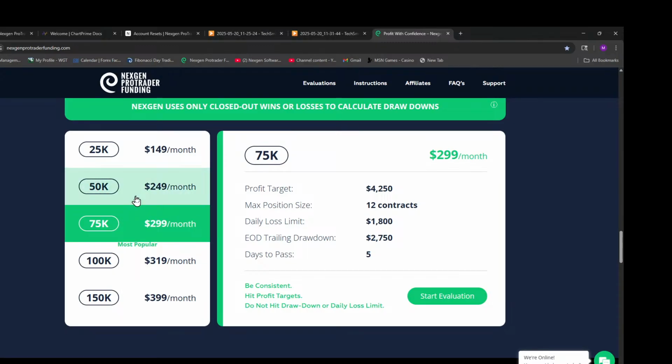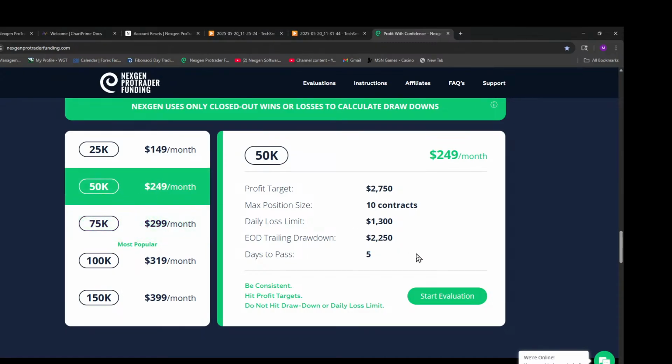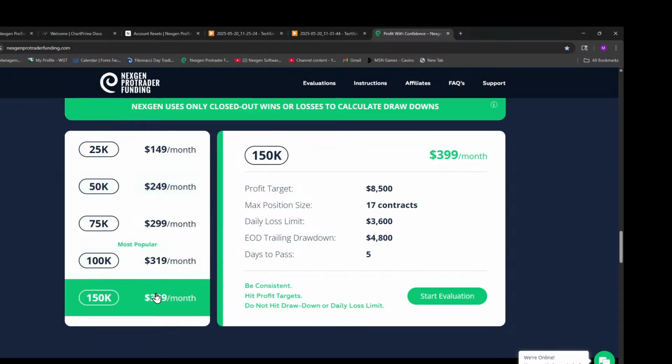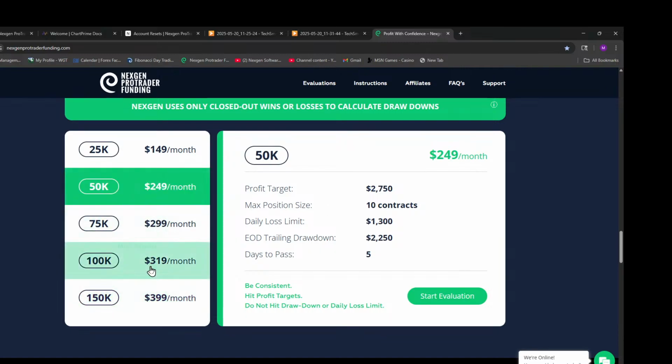Your sweet spot is 50,000 trading 4 contracts. Perfect. And you guys will find your groove. Jerry, some people keep doing this. They're like, well, I can trade 17 contracts. And then they blow out pretty quick because they do trade 17 contracts, right? John loves the bigger accounts.